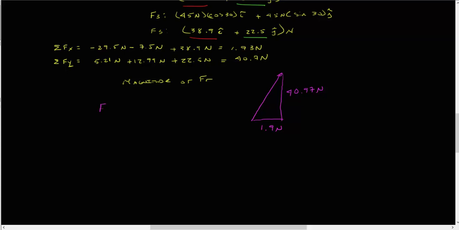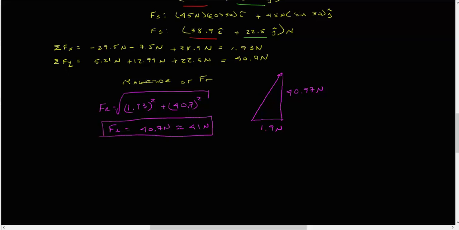My resultant force, or my magnitude, is going to be 1.93 squared plus 40.7 squared, and then we take the square root of that. I came up with 40.7 newtons. Since this is so small, when you round all that out, in a lot of the quizzes I ask to the whole number, that would be 41 newtons.